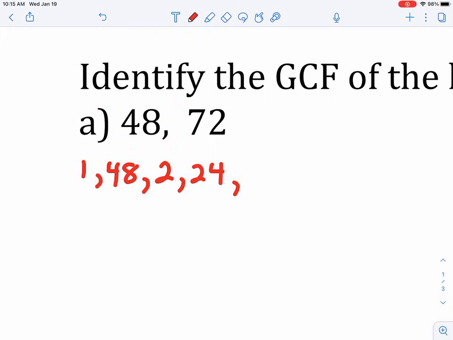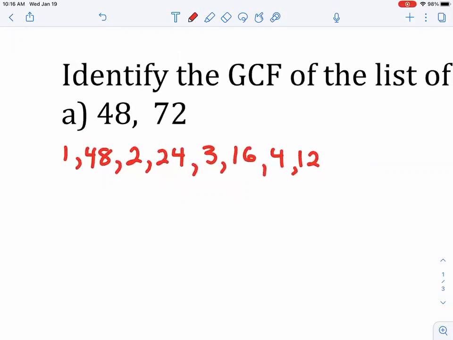You could even use your calculator to see if 3 goes into 48, which it does, because it goes into 30 and it goes into 18, so it goes into 48. It goes into 30 10 times and into 18 6 times. So 3 times 16 is 48. 4 times 12 is 48.